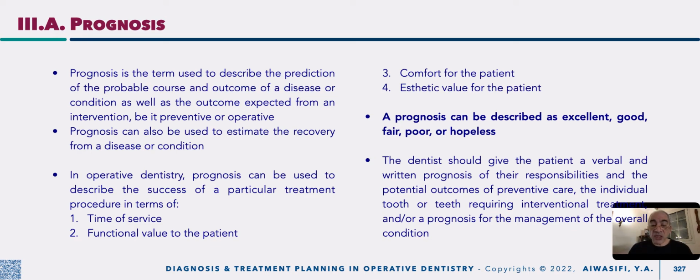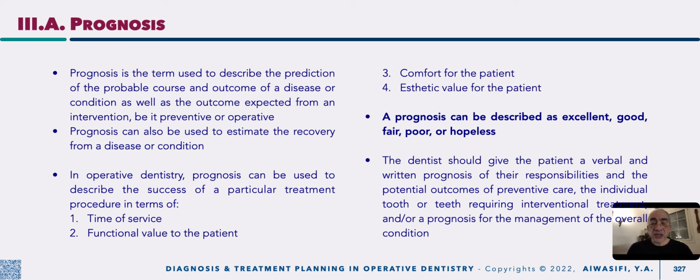All of these should be clear in a verbal and a written prognosis form. That's why comes the importance of informed consent, and the patient should sign a consent in certain cases where the responsibility in prognosis lies on him.